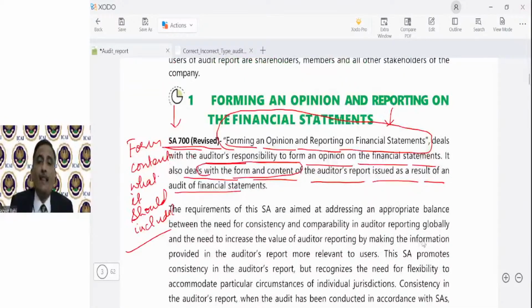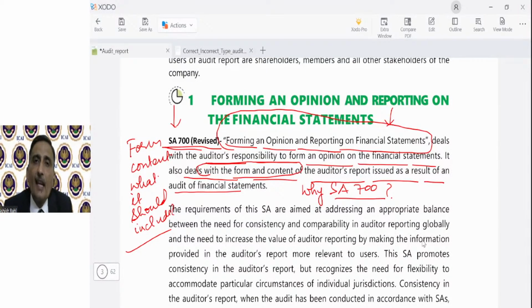So now the next question arises: why SA 700? Why is it necessary that a standard on auditing has been issued to cover this matter? One could say that the auditor has carried out the audit in accordance with the standards on auditing. He has performed all the audit procedures required in accordance with the standards on auditing.